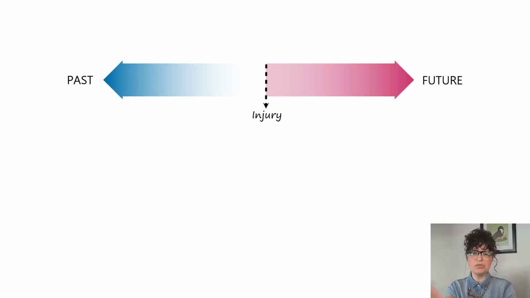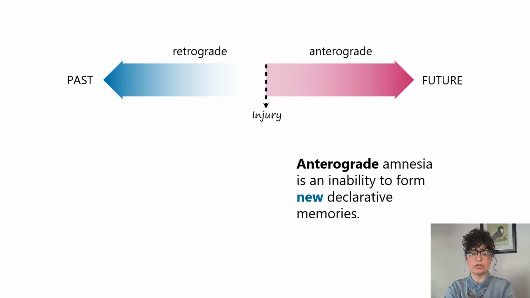This helps to differentiate memories that were formed before the trauma from memories that were being formed after the trauma. So before memories are referred to as retrograde, and memories being formed since the time of injury are referred to as anterograde. This helps to distinguish the two forms of amnesia that we see in the literature.